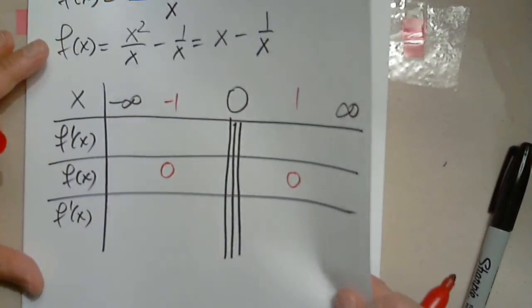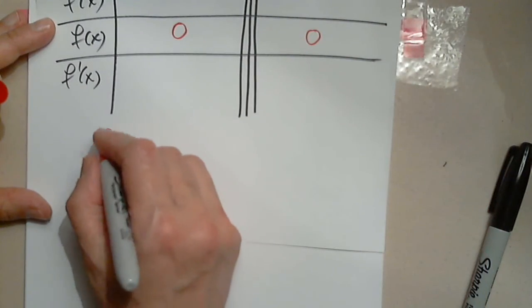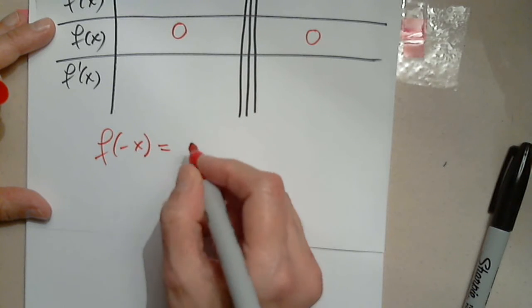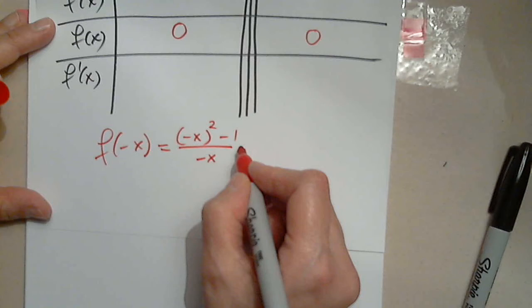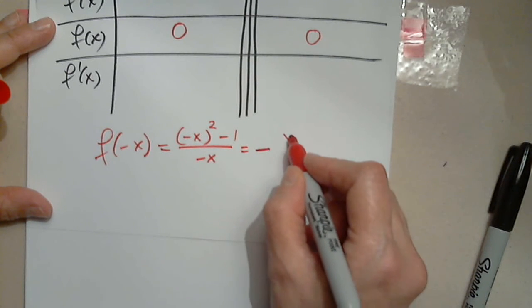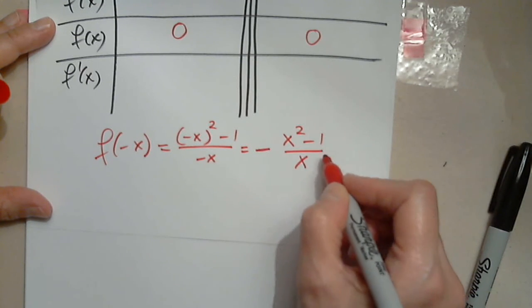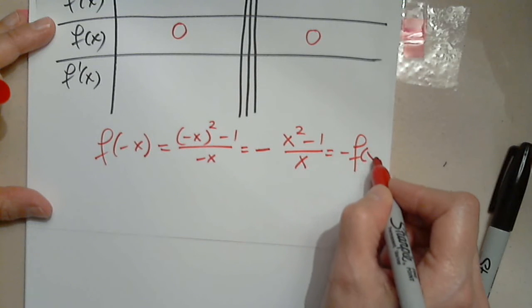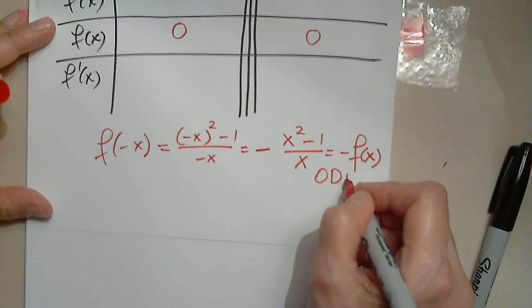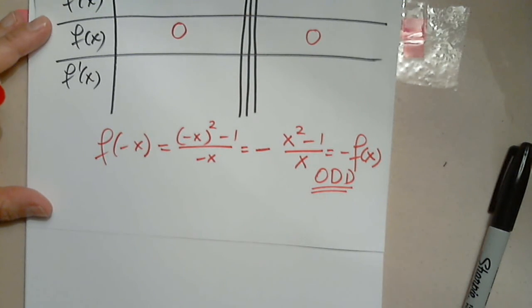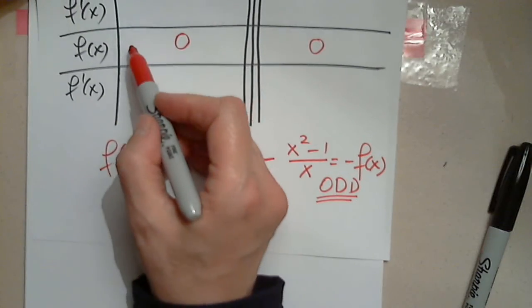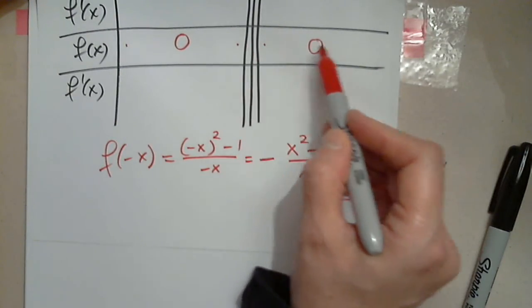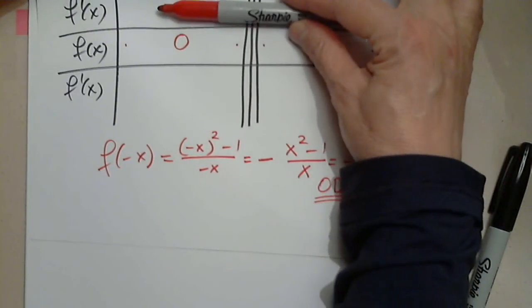I also know that f of negative x will be negative x squared minus 1 over negative x, which is negative x squared minus 1 over x, the opposite of the function, so the function is odd, keeping that in mind. Now, I want to determine this, this, this, and this, and then I can go to the first derivative.